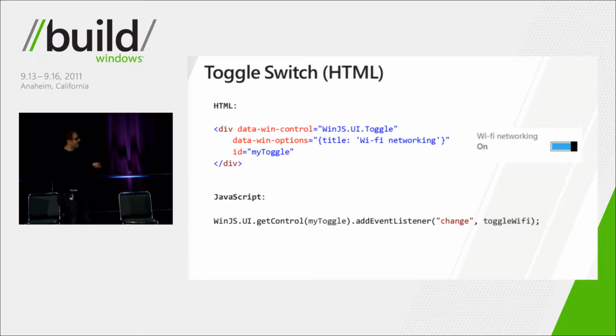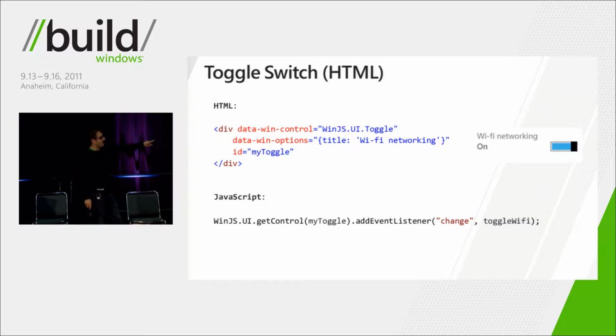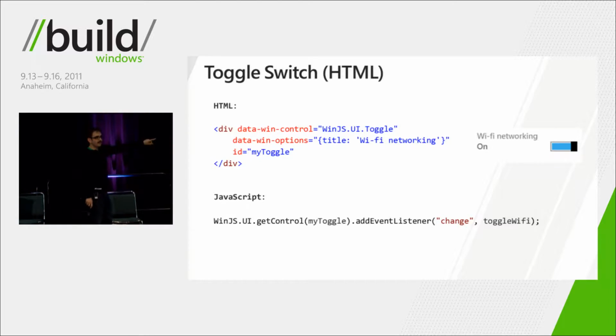And then the event handling on it is also done in the standard way you do this kind of stuff in HTML. It's with an addEventListener. You can get a handle to the toggle object using the WinJS.UI.getControl helper function. That's one way to get one; you could also just keep one around from your code wherever you wanted to. You just add an event listener, it fires the change event, and then it calls your toggleWiFi function.